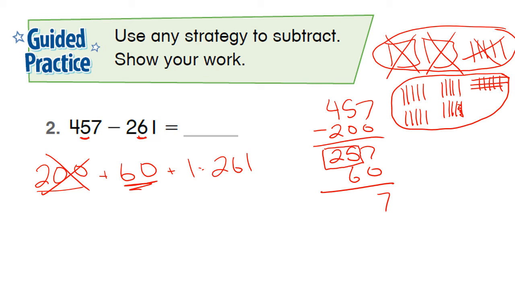So what do I have left? 10, 15, 16, 17, 18, 19. Because 25 minus 6 equals 19. All I did was make the hundreds and tens, all tens. And I can take 6 away. So 257 minus 60 equals 197. And then I just have to take away 1 for this 1 here. So 197 minus 1 equals 196.